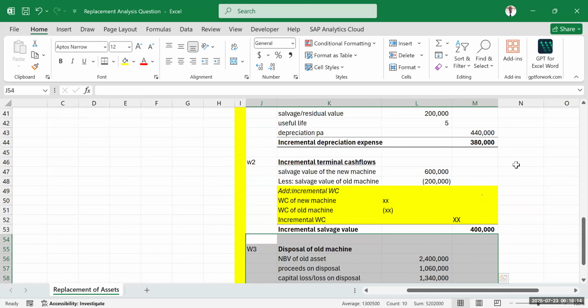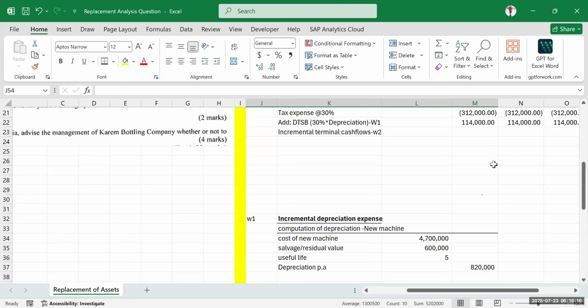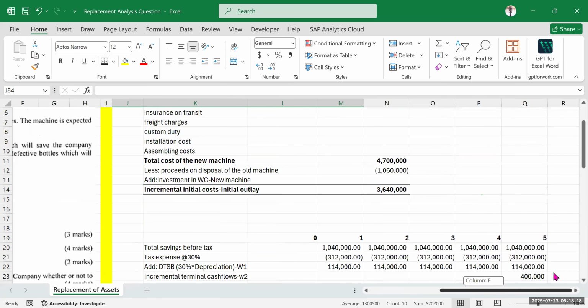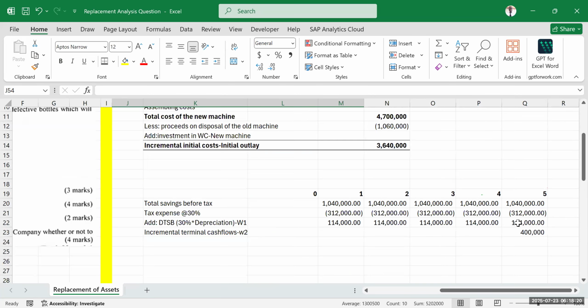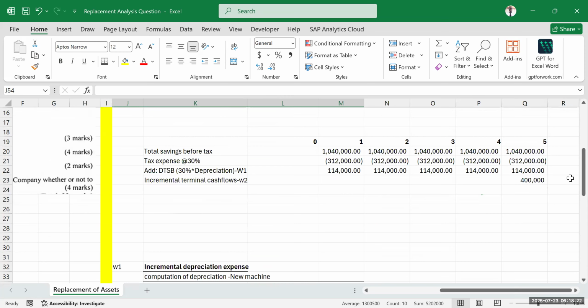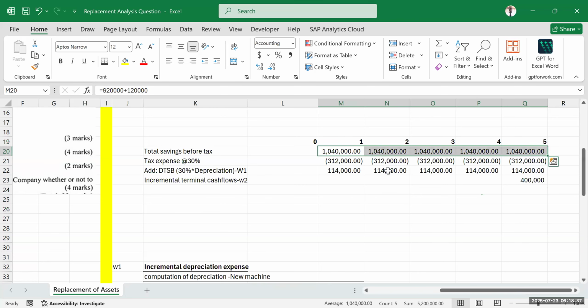Remember, we are told this model of the cash flows we are building here from year 1 to year 5, we are just trying to make a decision, but we have not yet engaged that new machine. This is just a model to help us see how much we are likely to save, and that's how we came up with these cash flows. How much are we likely to get as a tax shield benefit from the depreciation comparison?